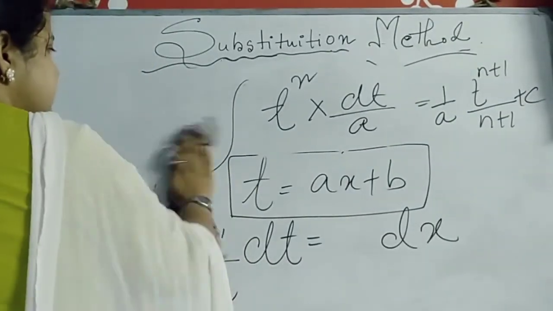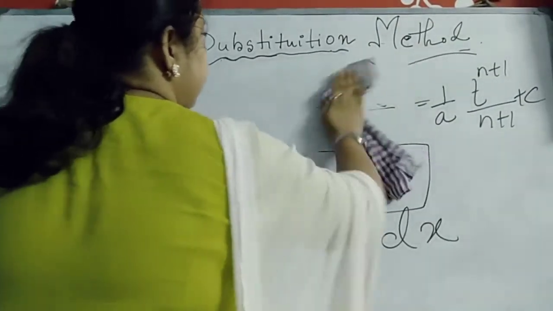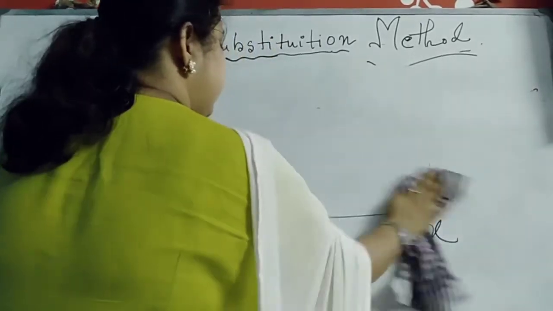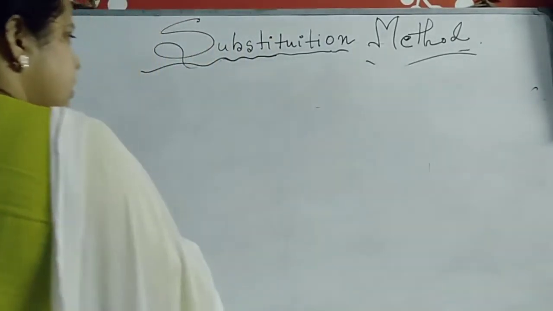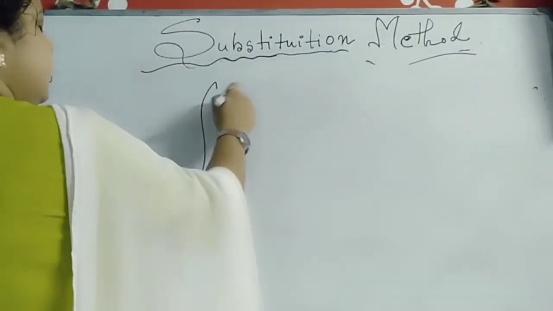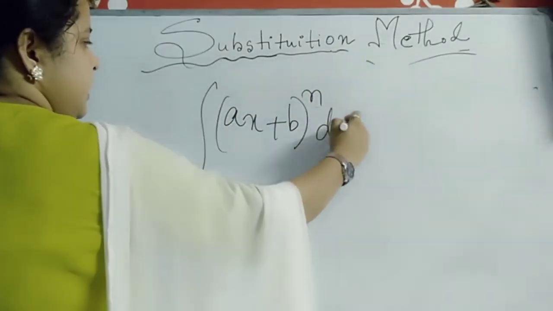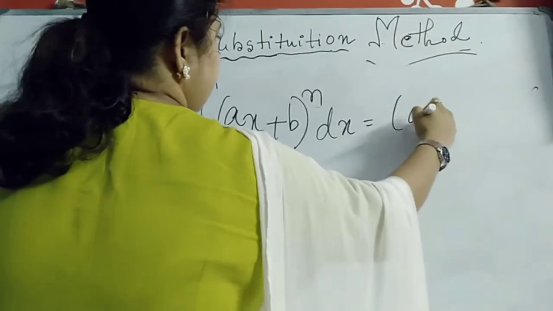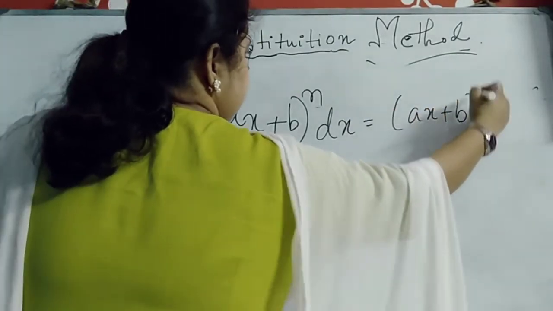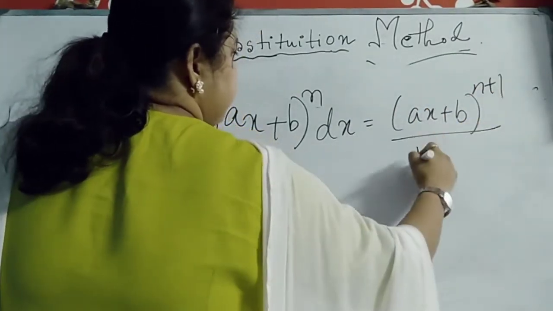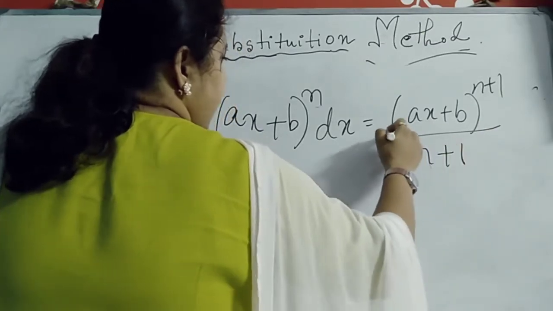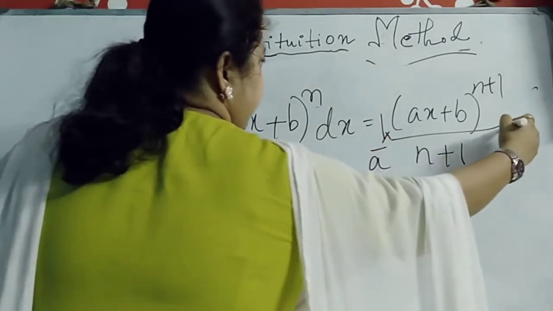So at last, the answer we are going to get by using a proper substitution is (ax + b) to the power n plus 1 by n plus 1, and there is a 1 by a.